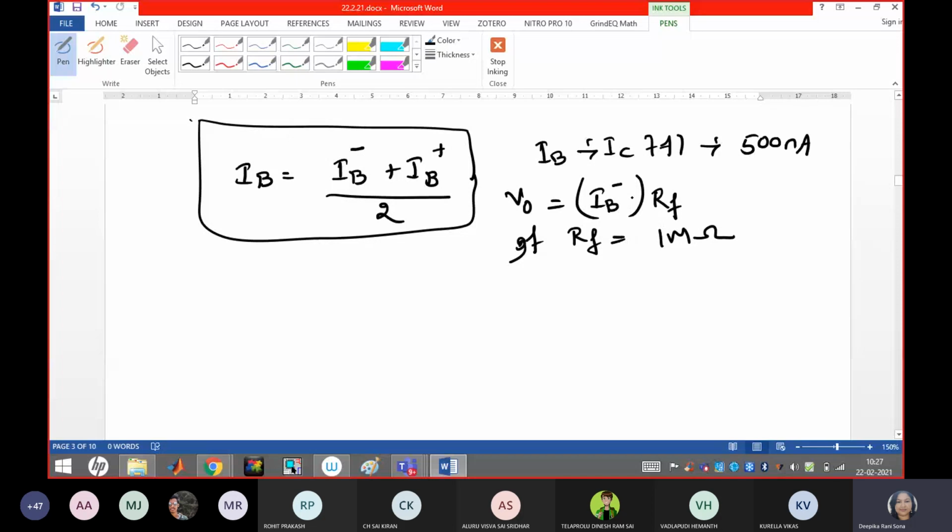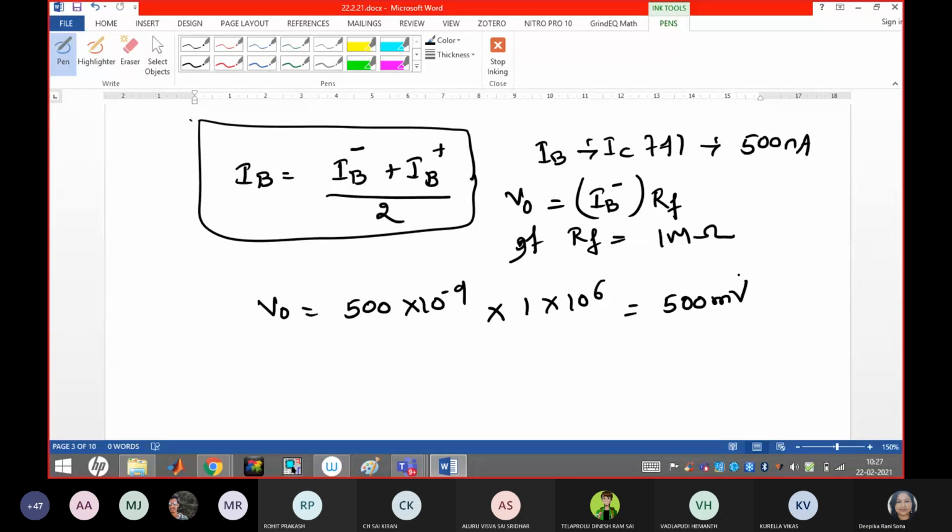If the default value for bias current is 500 nanoamp, into 1 mega, how much is it? 500 millivolt, right? 0.5 volts. Okay, 0.5 volt.